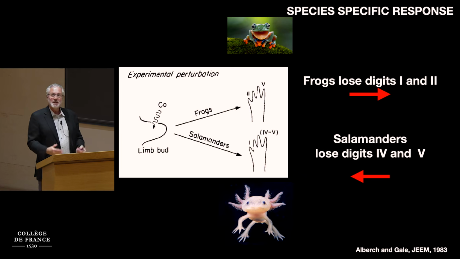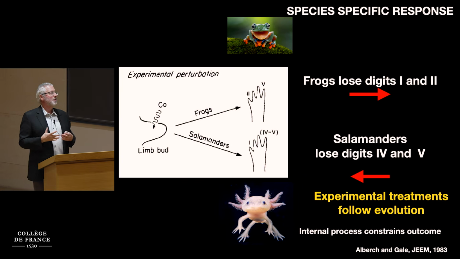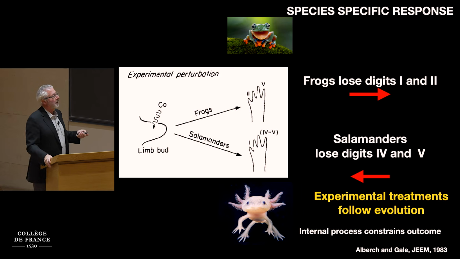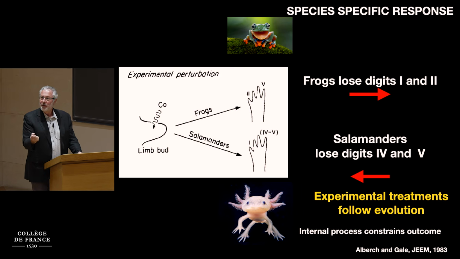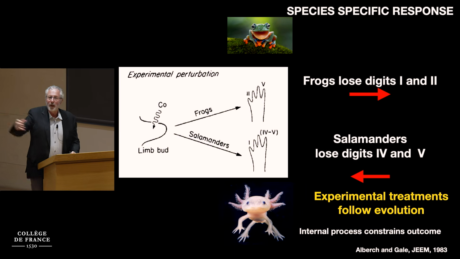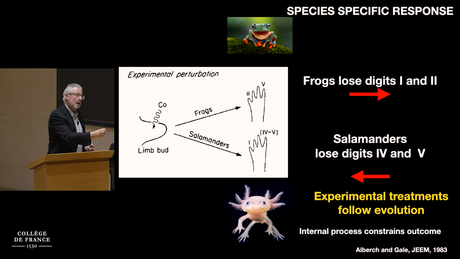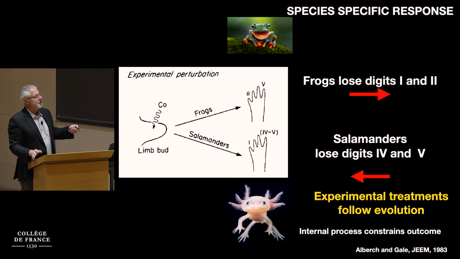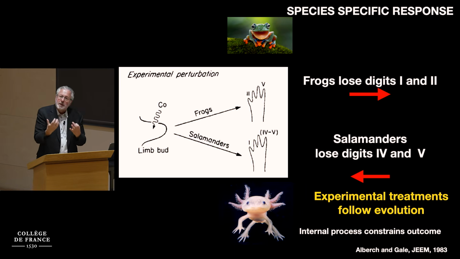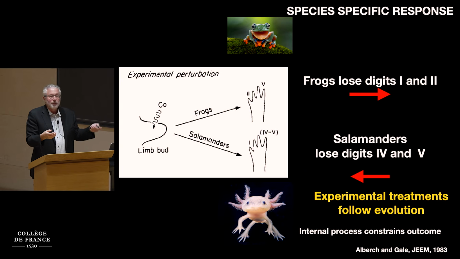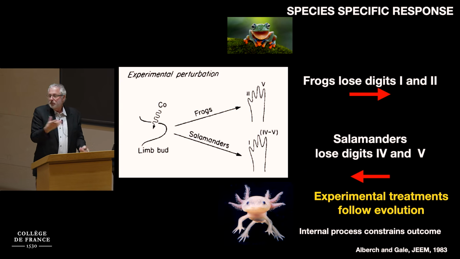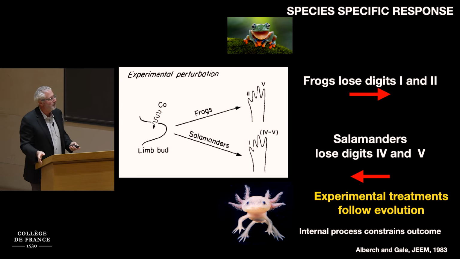So there was a species-specific response to these experimental treatments. That is, the experimental treatments followed evolutionary history. Salamanders responded in one way, frogs responded in another, and there's some sort of internal process in the limb buds that determined these differential outcomes that are presumably reflected by history.